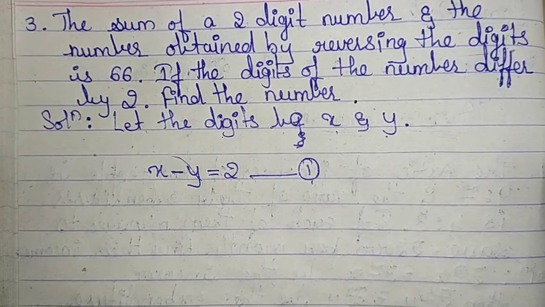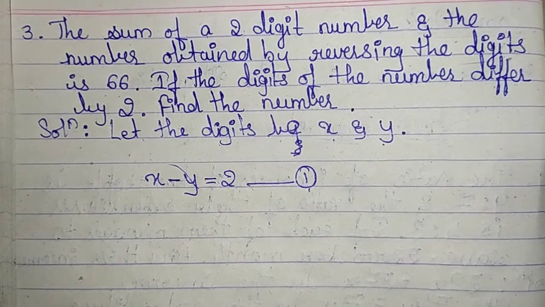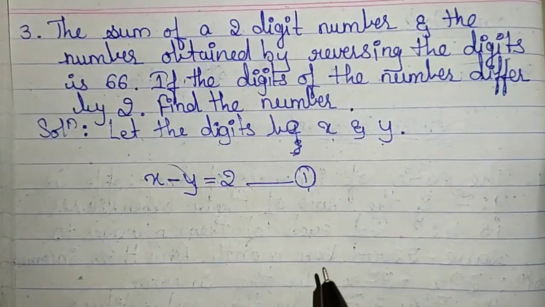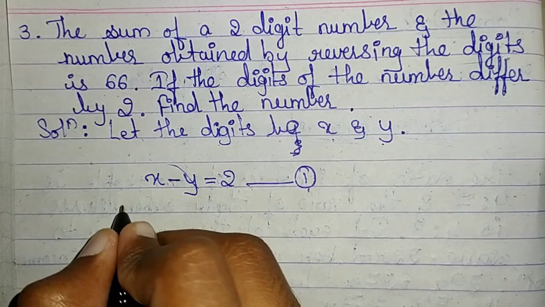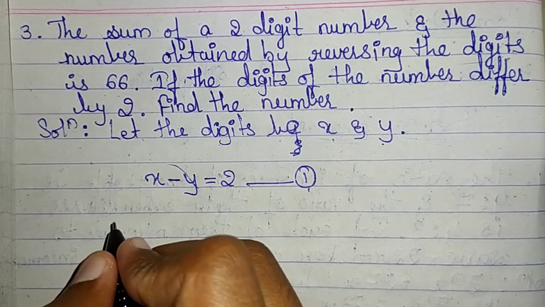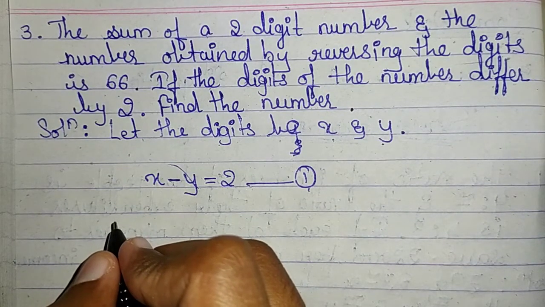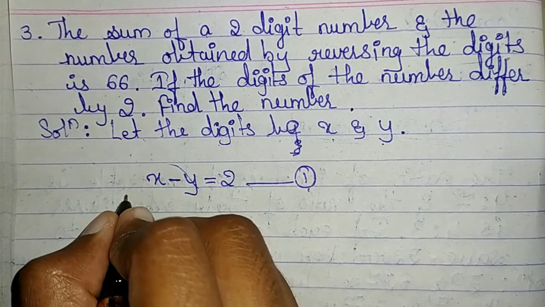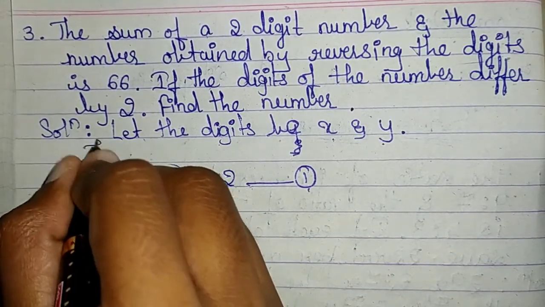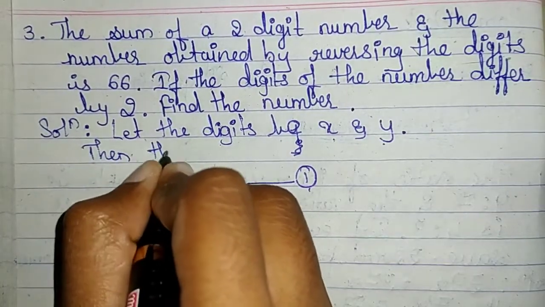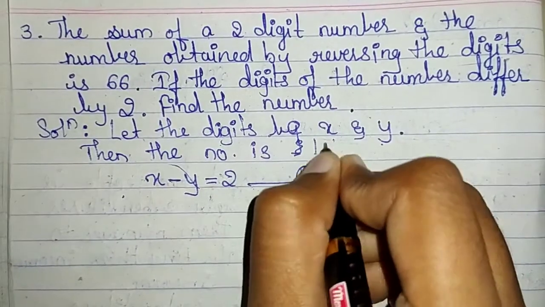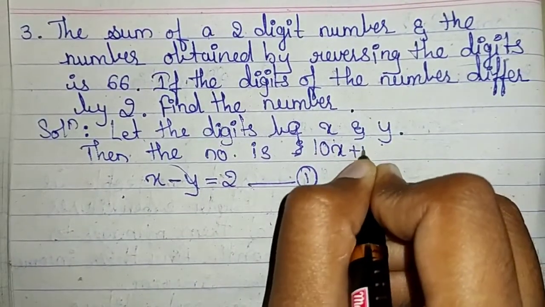Now use the first information to form another equation. The sum of a two-digit number, since we are talking about a number, then since it is two digit, one digit will be in the ones place and the other digit will be in the tens place. So the number is 10x plus y.